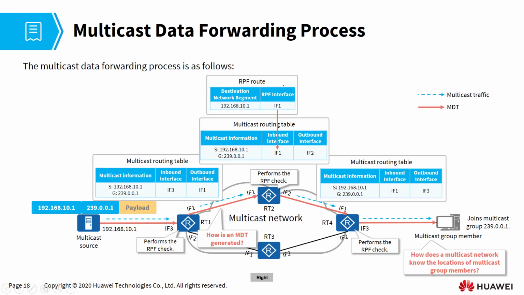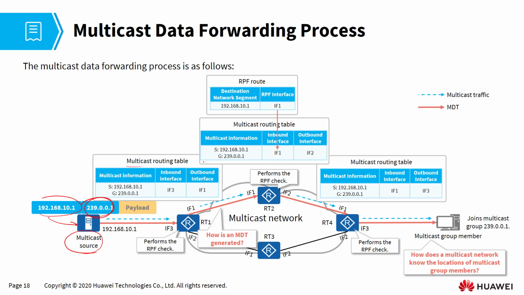What is the data forwarding process? It's exactly what I've talked about. Each of these routers has a multicast routing table and the reverse path forwarding route. In this case, the multicast source will send a packet with the destination IP being the IP address of the group, and the source IP being the IP address of the multicast source, which could be a media server.